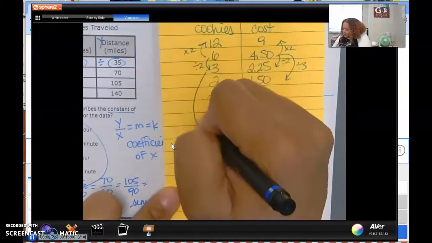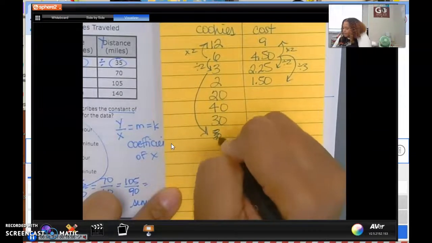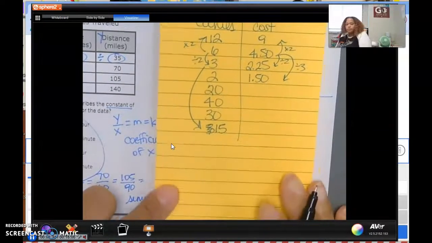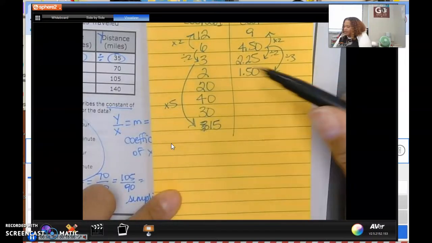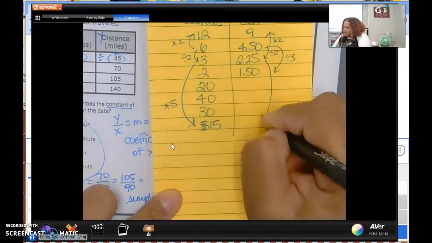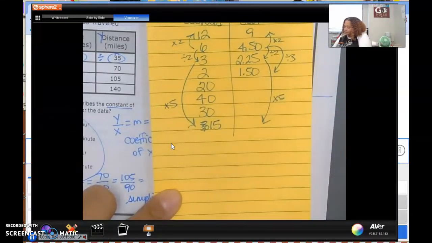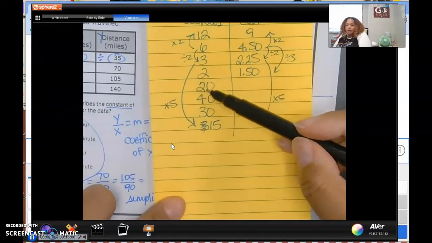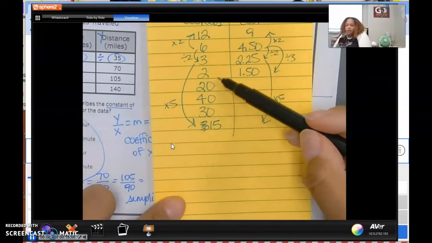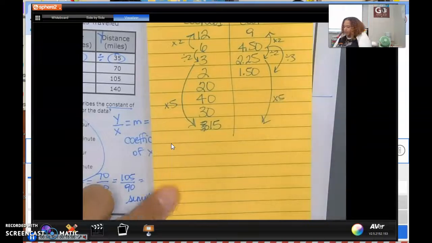How do you get from 3, oops, I put 3, to 15? Multiply by 5. So whatever you do here, you must do here. 2 to 20. Well, from 2 to 20, I'm just moving a decimal place over. So then how much would 20 cookies cost?